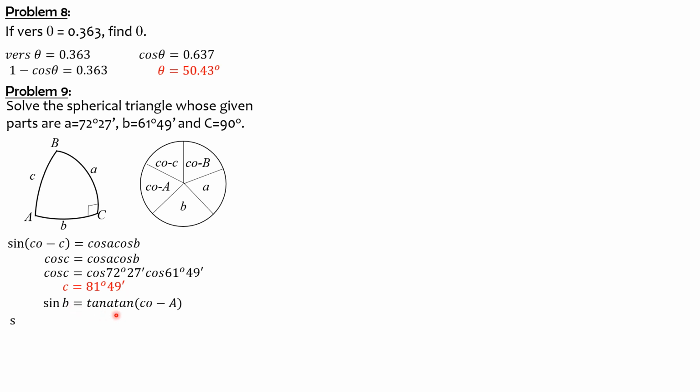So simplifying, sine B equals tangent of side A, which is tangent of 72 degrees 27 minutes, times cotangent of A. Take note that cotangent A is 1 over tangent A. So tangent A is equal to tangent 72 degrees 27 minutes divided by sine of 61 degrees 49 minutes.